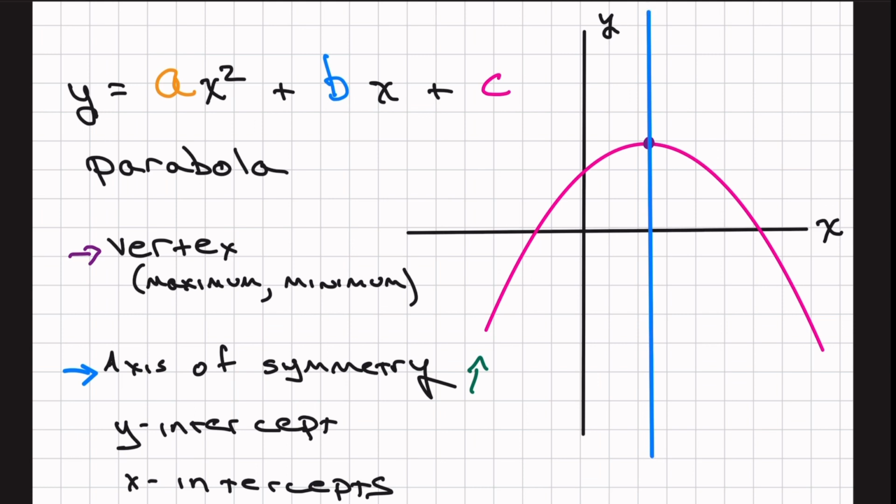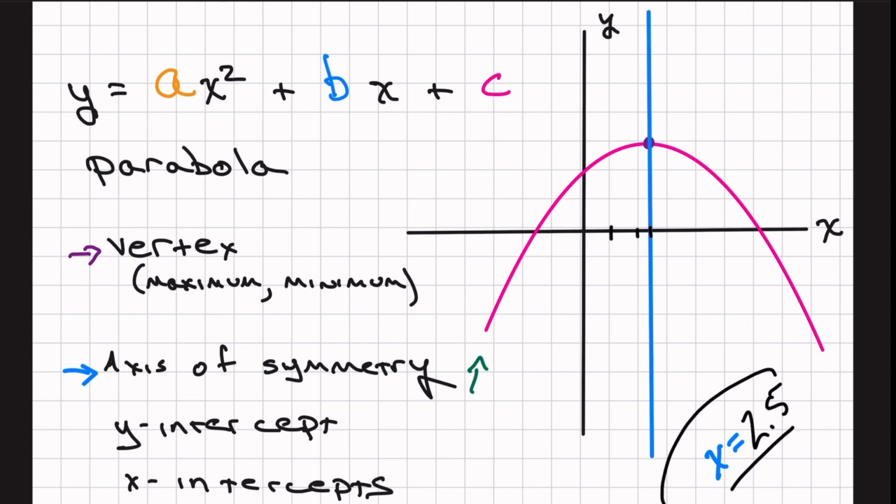And like all vertical lines, the equation for this line is going to be x equals something. And in this case, let's just say that our x value here is 2.5. Then that means that our equation for the axis of symmetry is x equals 2.5.